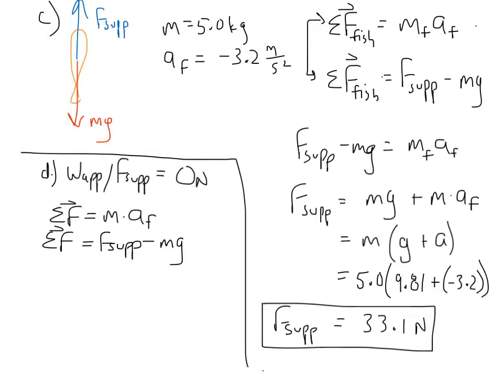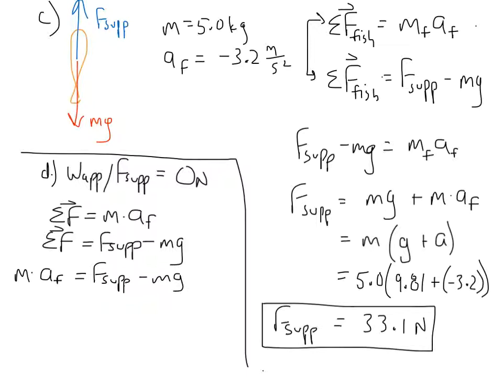Let's set them equal to each other. Mass times acceleration of the fish, which is what we're solving for, equals the supporting force minus mg.